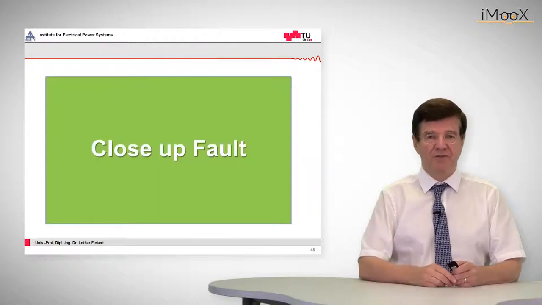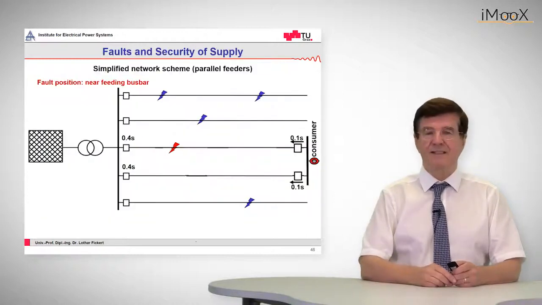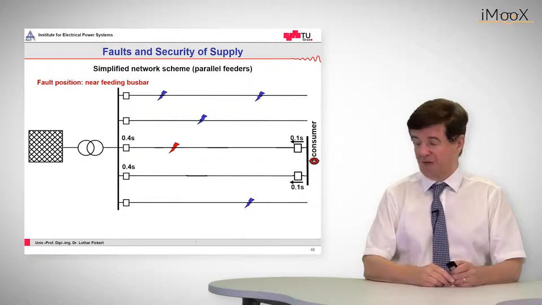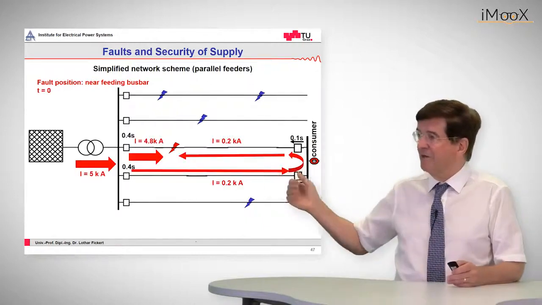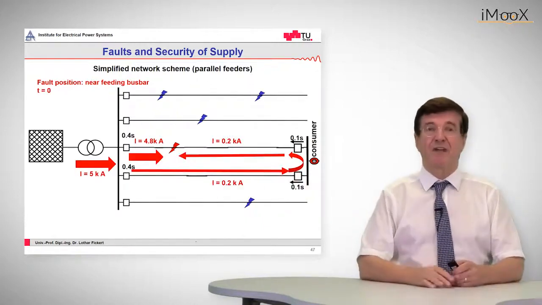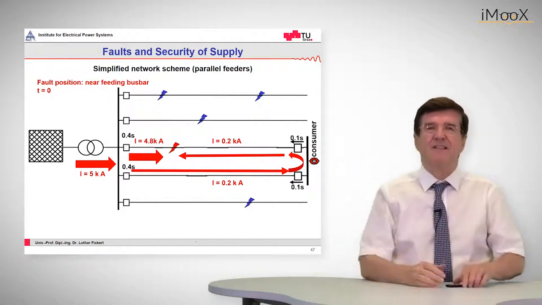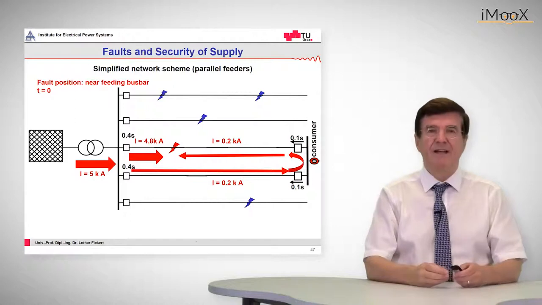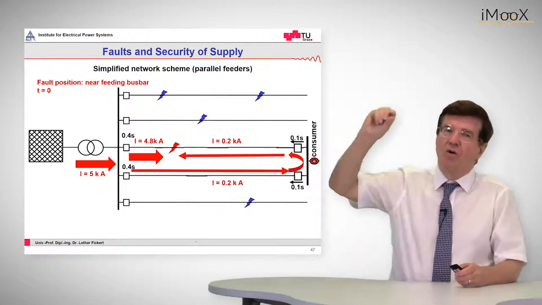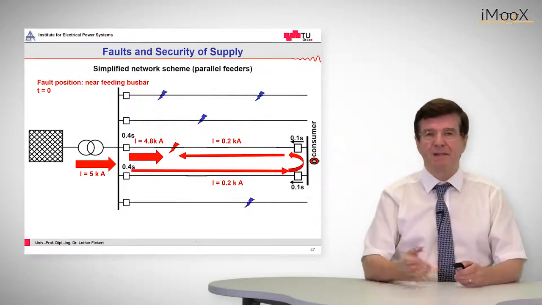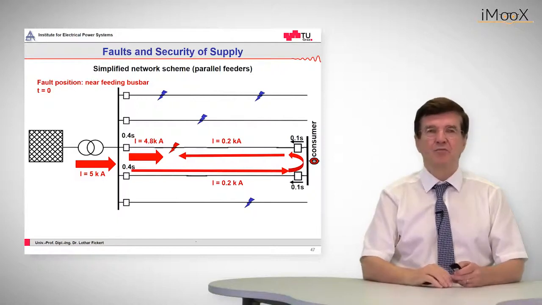The situation is different if we have a close-up fault, as is indicated here. If the close-up fault occurs, we have a split of the total current of 5 kiloamps into a big current which goes directly to the faulty place, and a smaller one that goes all the way around. And that may be, as indicated in this case, too small to start up any of those relays.